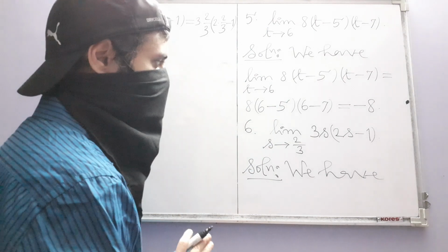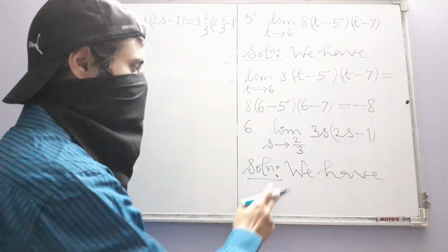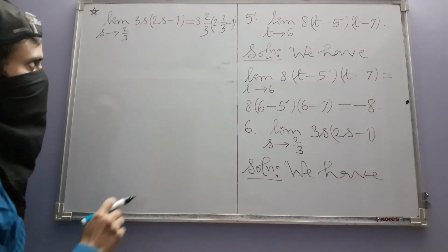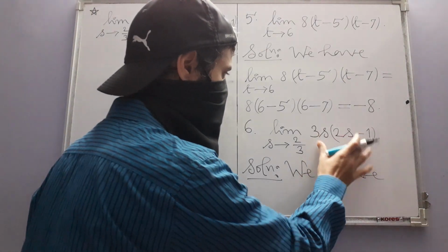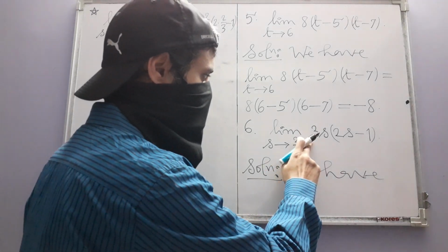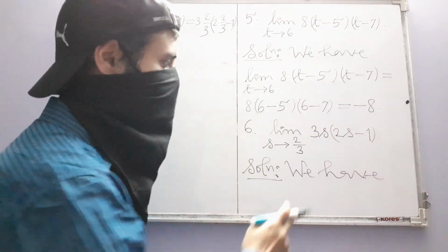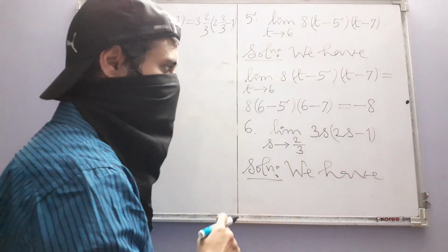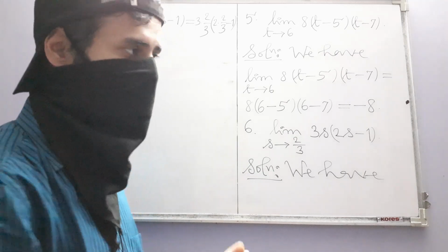If you find it somewhat difficult to understand that we are substituting s equal to 2 over 3 in this expression itself, although the expression does not look like a polynomial, then you can multiply the terms out, and do one more step where you write 6s squared minus 3s, because then by definition it looks like a polynomial.